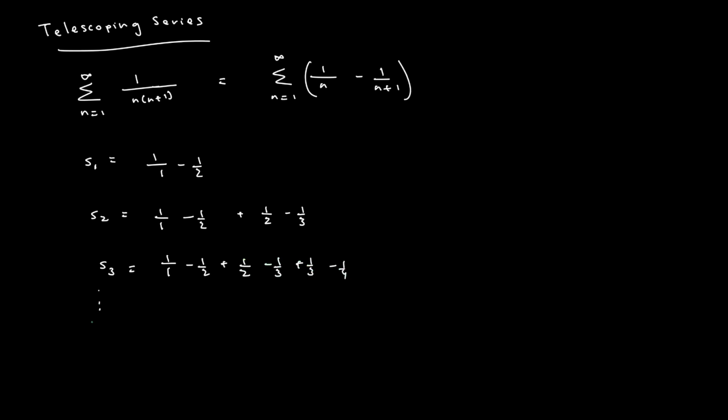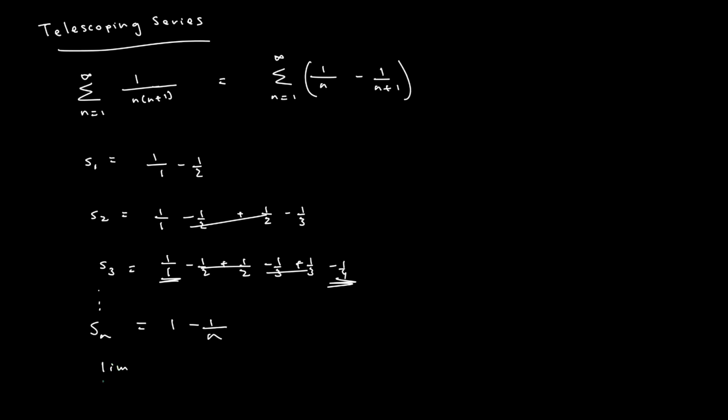And then you can see the pattern where all these middle terms cancel out, and all we're left with is the first term and this last term. So the sum up to the nth term is simply 1 minus 1 over n. And as n tends towards infinity, we have a converging value for the sum.